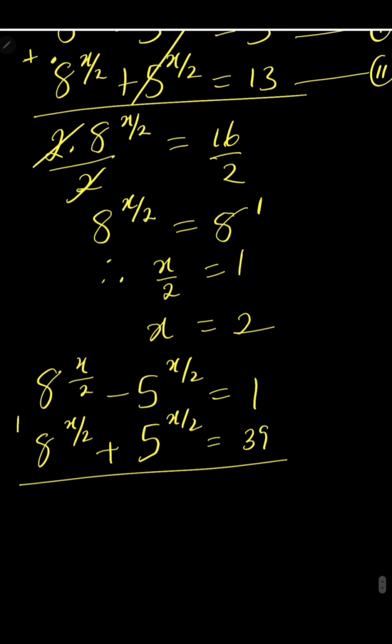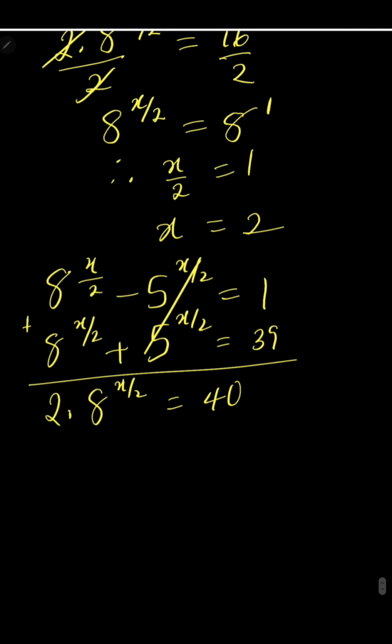If you add up as usual, this will go. This will give us 2 times 8 raised to the power of x over 2 is equal to 40. Then divide both sides by 2. So 8 power x over 2 is equal to 20.